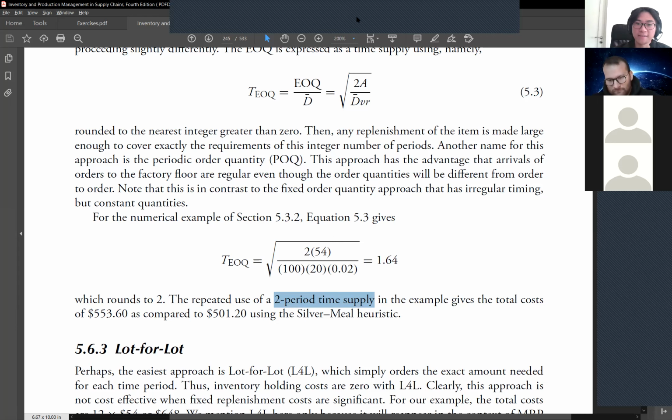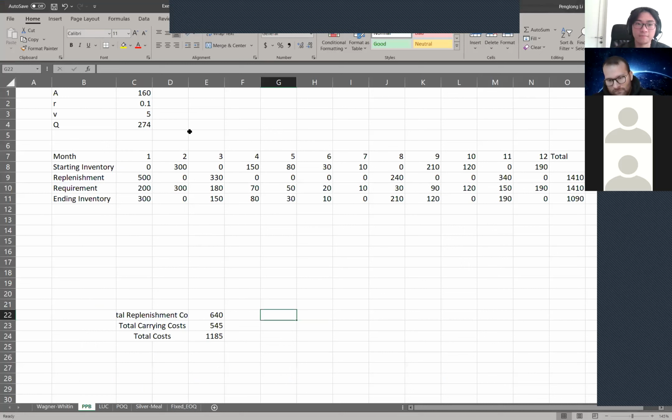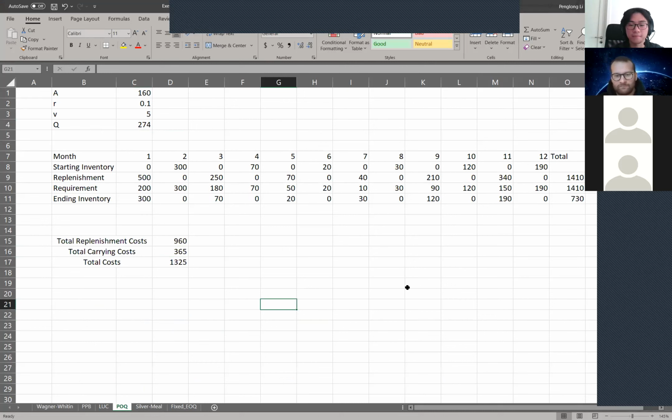And in the example here, as we calculate the demand, the EOQ is 274. So 274 divided by our average demand. And our average demand is this.